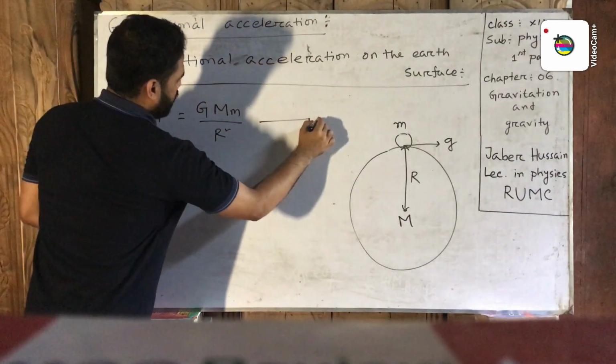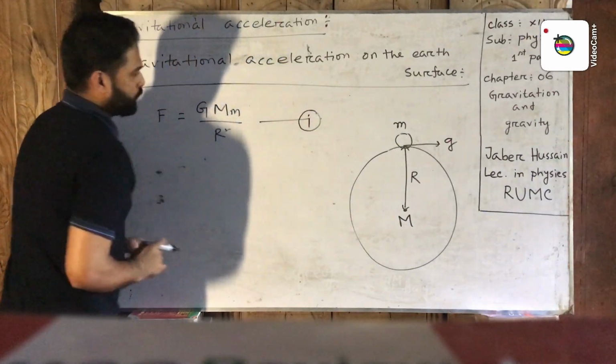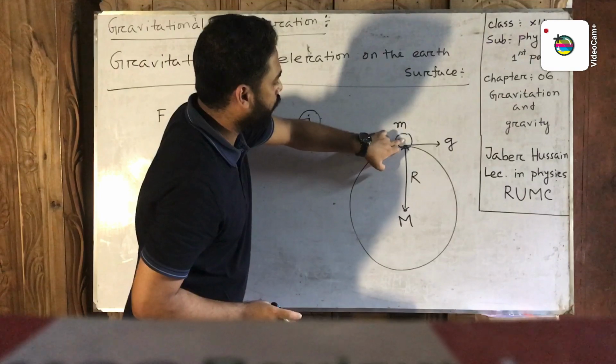This is equation 1, the gravitational attraction force between earth and object.